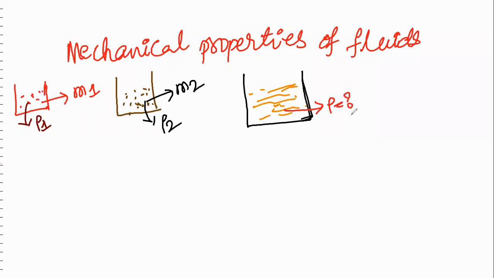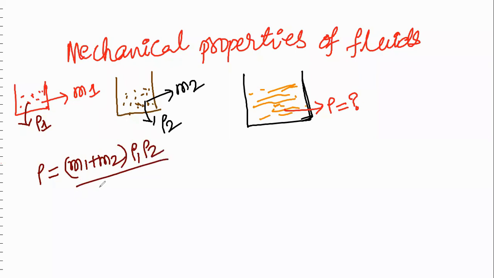How much will the new density be? Rho is equal to (m1 plus m2) into rho 1 rho 2 divided by (m1 rho 2 plus m2 rho 1).